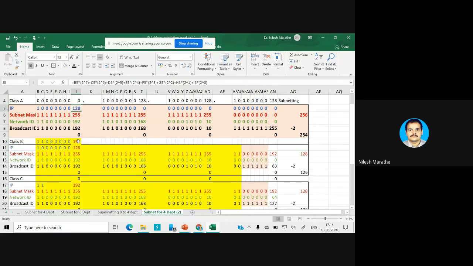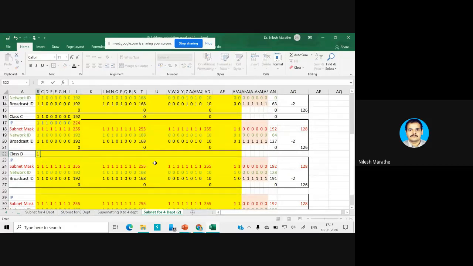Class B starts from 128 and ends at 191. Class C starts from 192 and ends at 223. Because class D starts with 1, 2, 3, 4, all other bits are 0.